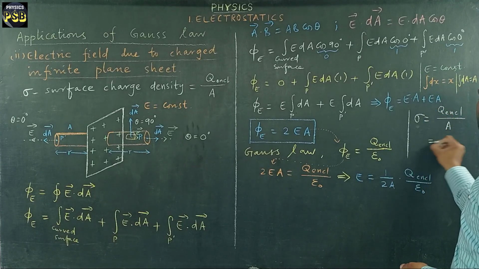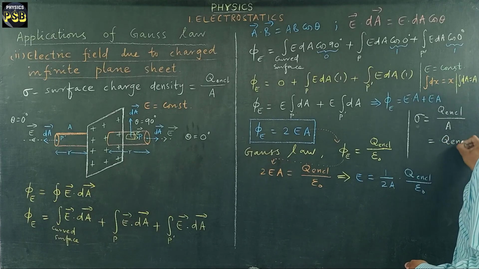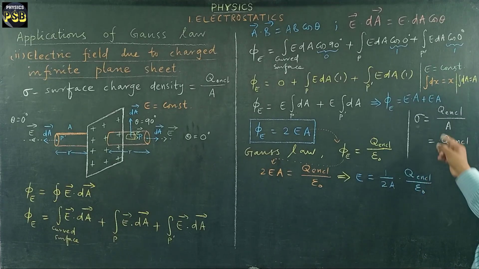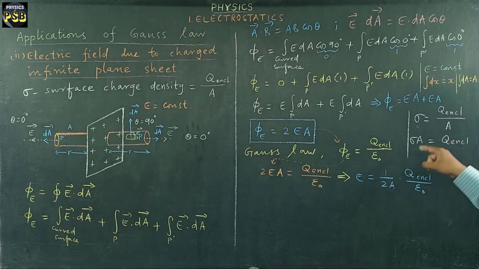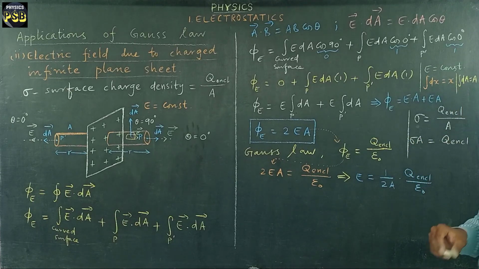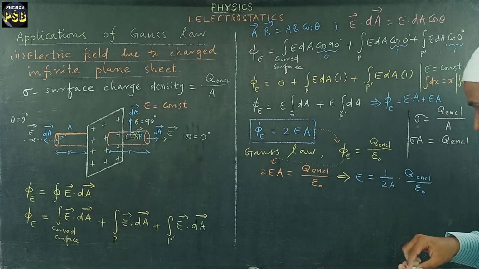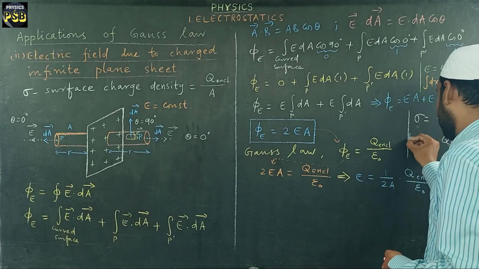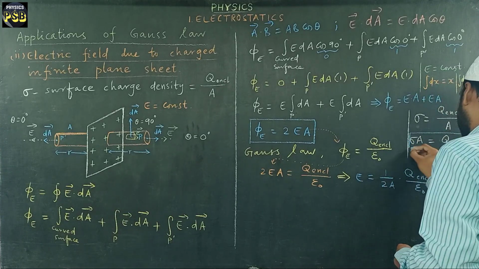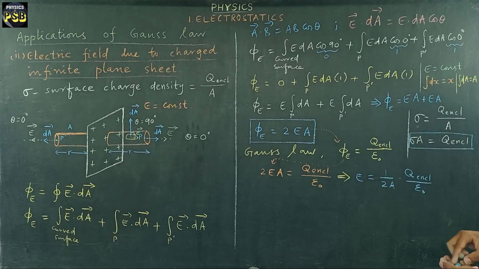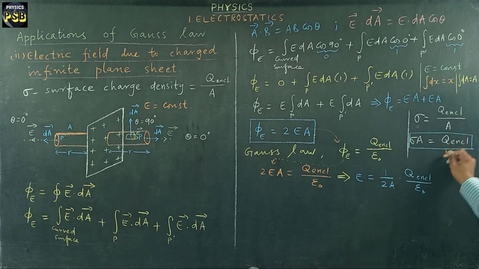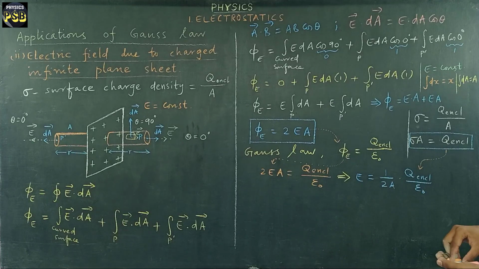So from this, enclosed charge can be obtained by cross multiplication. If you multiply sigma with A, you get the enclosed charge. I box this to make our work easy. In place of enclosed charge, I will use this expression. So what do I get?